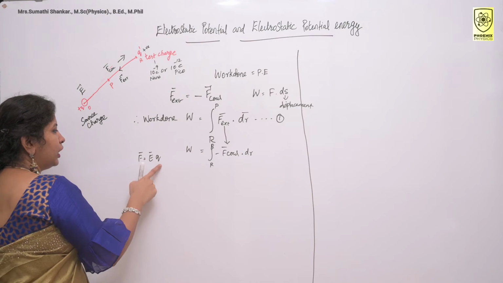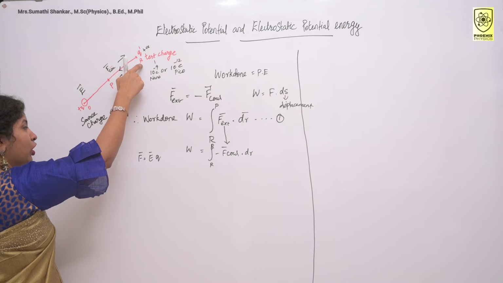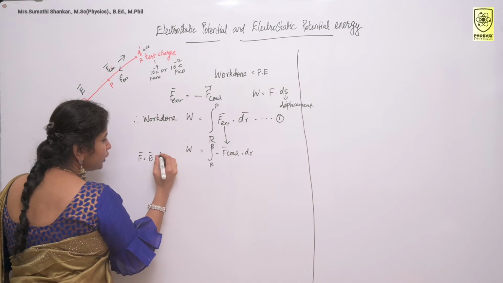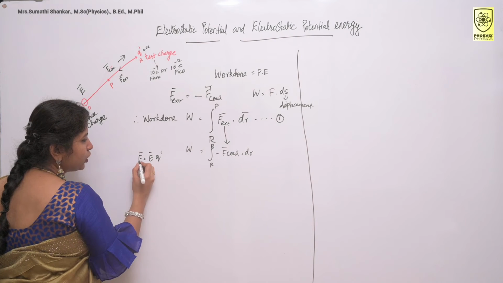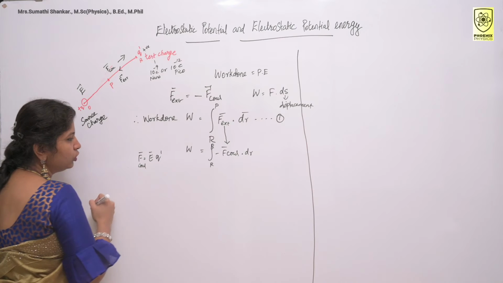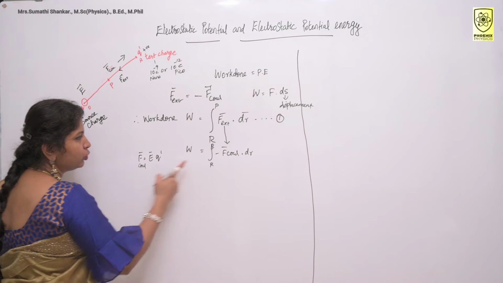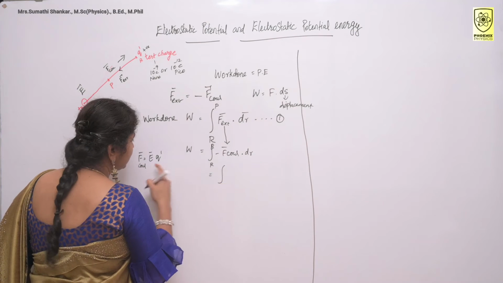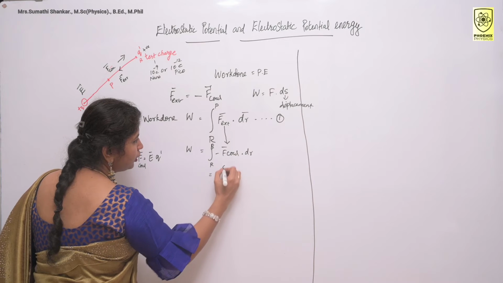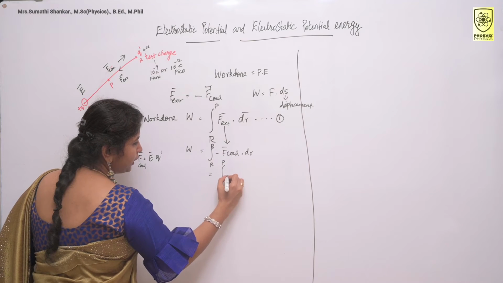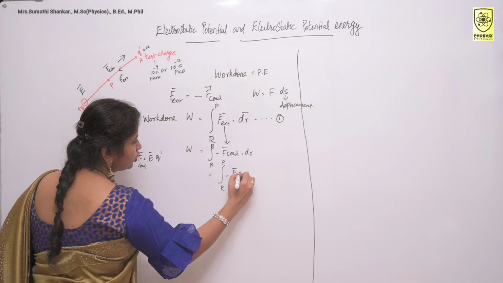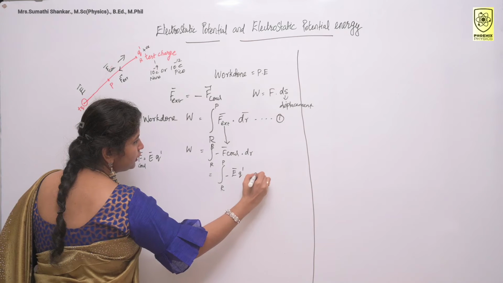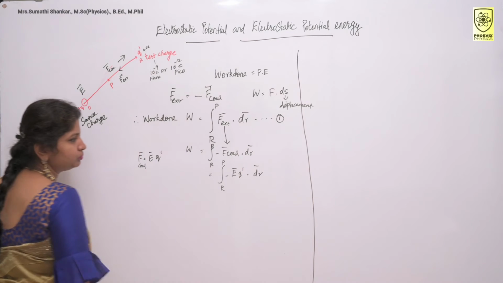Here I have brought this charge from R to P, so instead of Q you can write Q dash. What is this F? F is nothing but the Coulomb force. So instead of F Coulomb I am substituting E Q dash, that is, integral from R to P of minus E vector Q dash dot dr. Here it is a vector quantity.